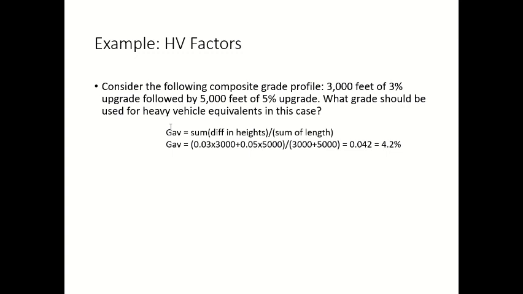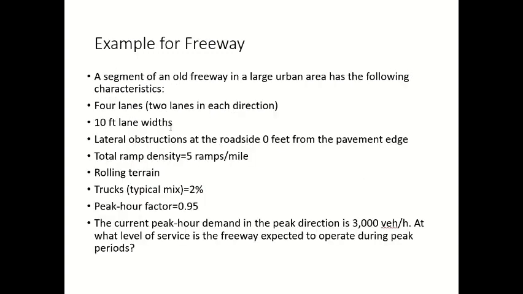Downward is negative. Okay, but usually it doesn't happen that one gradient is downward, the other one is upward, then I have downward again, because you see what will happen, it will be like this. So usually it doesn't happen except on the curves, vertical curves.